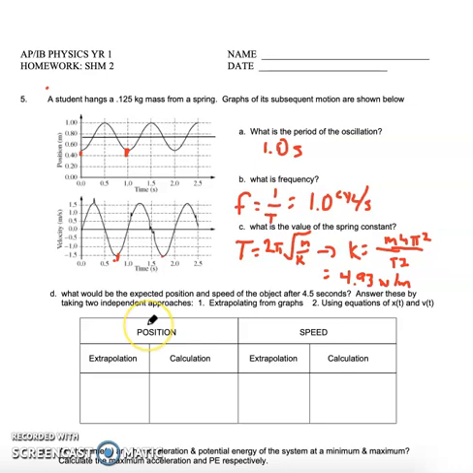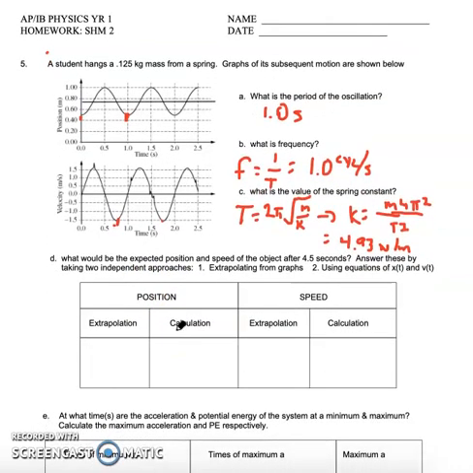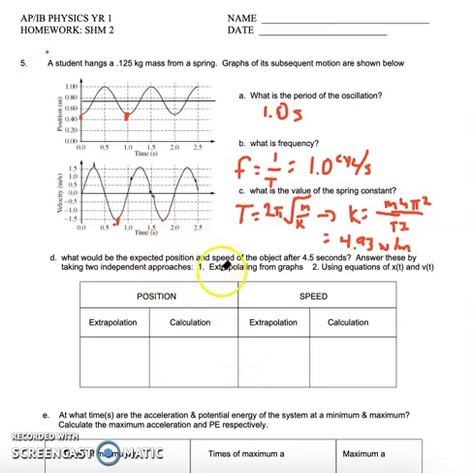All right, now where I consider the most difficult stuff, using the equations. All right, so what would be the expected position and speed after 4.5 seconds? And we want to do that either by extrapolating, looking for a pattern, and then using our equations that we developed in our notes. Okay, so from extrapolation, what do we see?